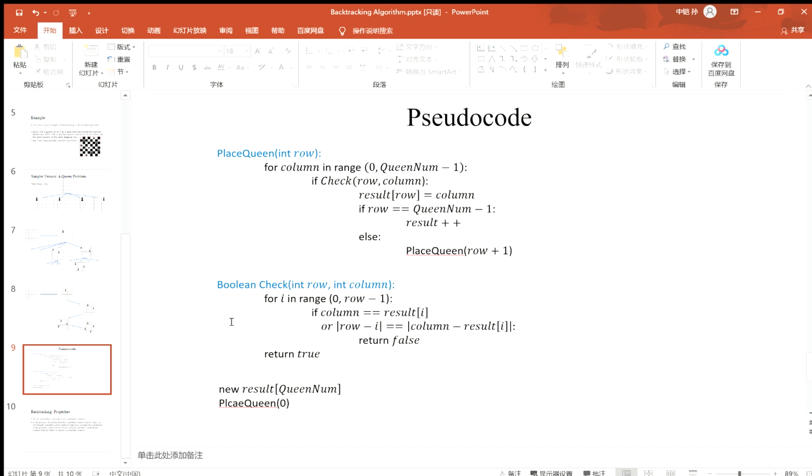If not, it will return true. If it returns true, we will record the current solution state. And if the current solution has reached the end condition, that is, we have gone to the last row, that means this is a correct solution, and we will add it to the final answer. If not, we will go further for further recursion.